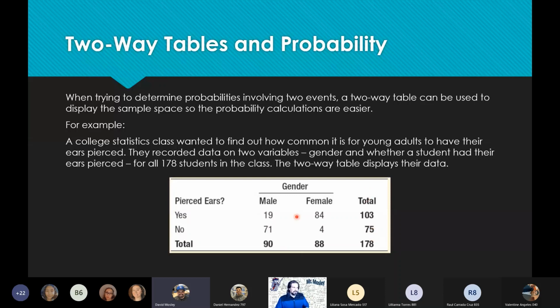And then we have our counts for each thing. There's 19 males with their ears pierced, 84 females with their ears pierced, 71 males that do not have their ears pierced, and 4 females with no ear piercings. So we have all this data. We've looked at these types of two-way tables before with categorical data.